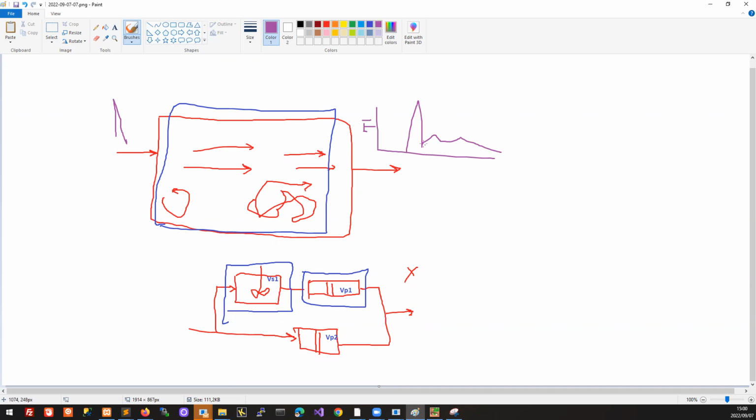We know if we see a spike here, then that is the spike of perhaps one of the PFRs. Or if we see an exponential decay, then we know that's the exponential decay from a CSTR. So we can always go ahead and measure an RTD, and then we can use the features on that RTD graph to estimate the volumes and the flow rates through this network.